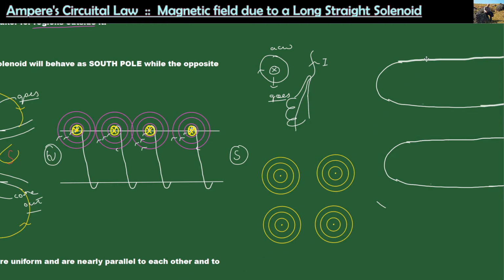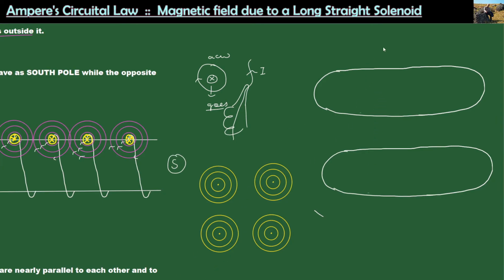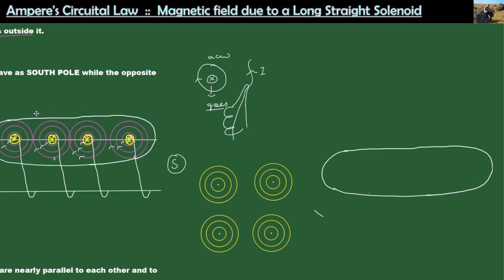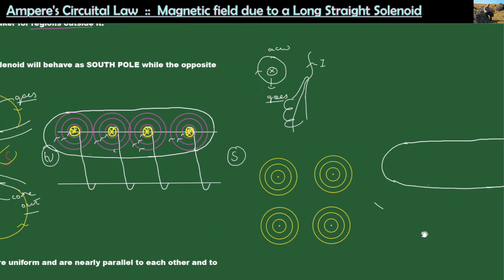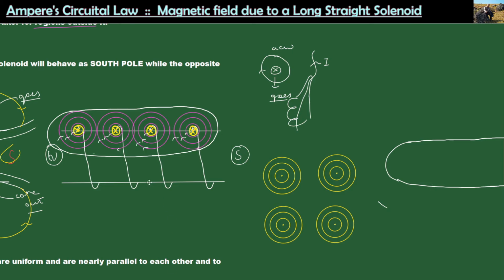I can place it over there, and that will give us the direction of movement of the magnetic field. It indicates that the magnetic field always goes from the south pole to the north pole, and for the regions outside it will always be from south to north.